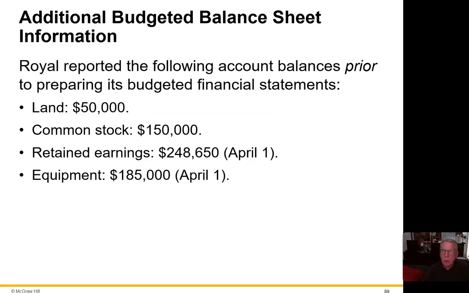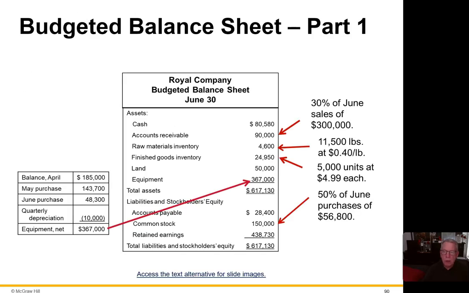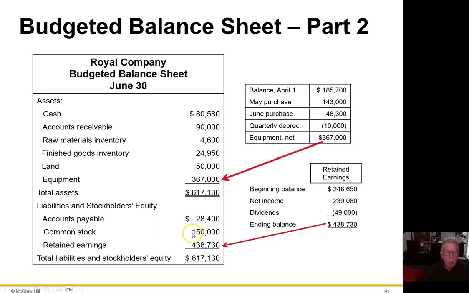Let's see if I can do it real quickly here. We started out with retained earnings of $438,730. So now what we need to do is adjust that. Our beginning balance was $248,650.